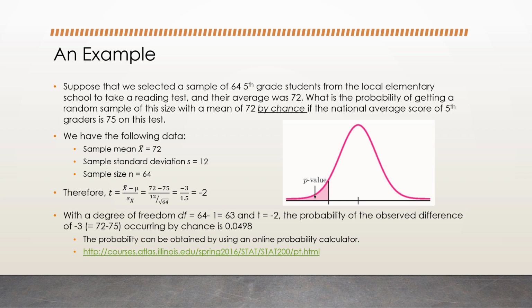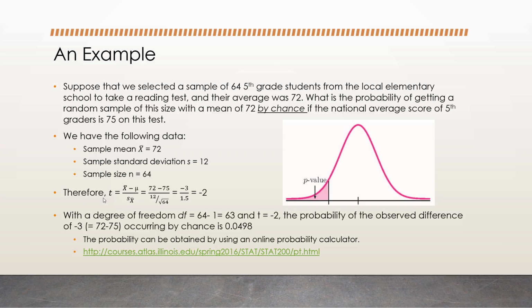Based on the sample data, here is what we know. The sample mean, x bar, equals 72. The sample standard deviation is 12, and the sample size n is 64.